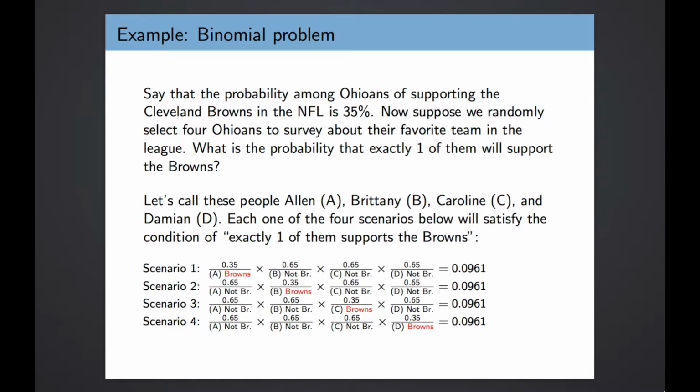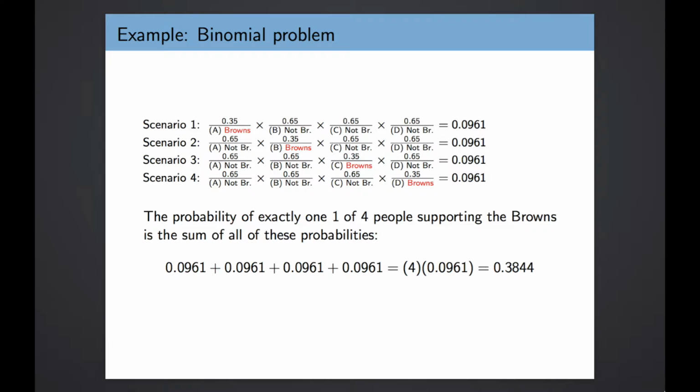So 0.35 times 0.65 times 0.65 times 0.65 is equal to 0.0961. If we add all 4 of these probabilities together, we end up with the overall probability of exactly one of 4 people supporting the Browns. So that ends up being 0.3844. That's 0.0961 multiplied by 4 for each of those 4 scenarios.